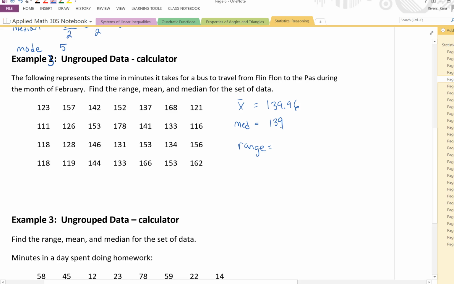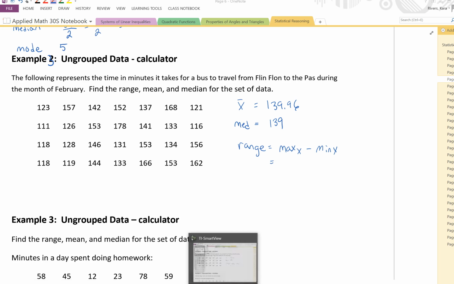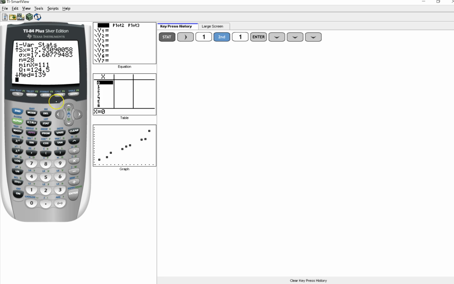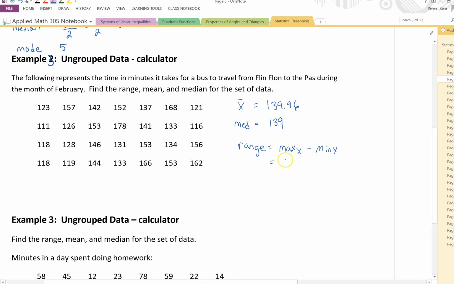And our range, we need to figure out our max x and subtract our min x. So going back to our calculator, our min x is 111 and our max x is 178. Doing that math, you get 67.